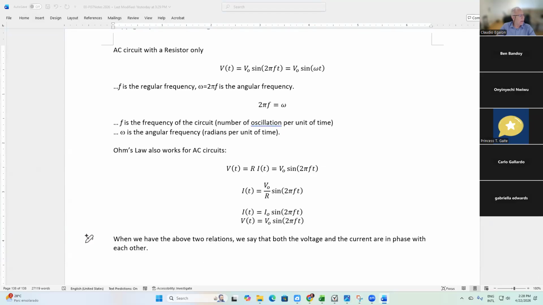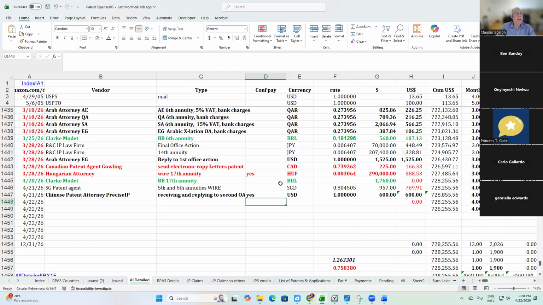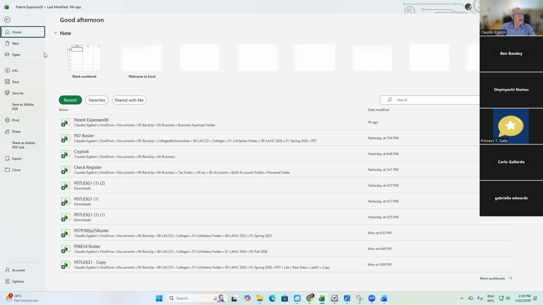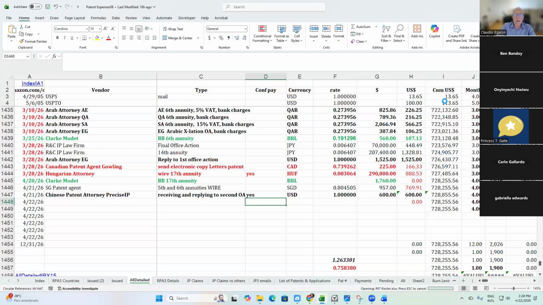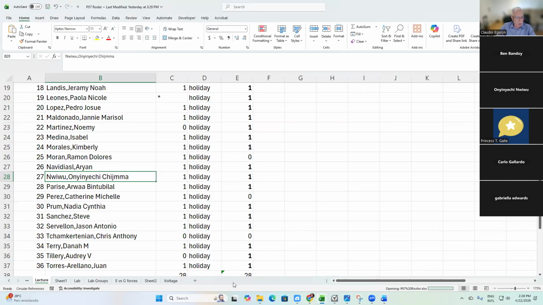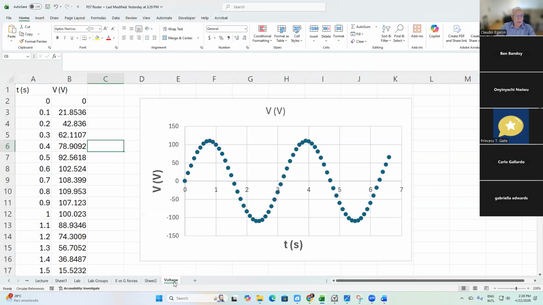We can even illustrate that with a graph, right? If you plot this graph, those two graphs are going to start exactly in the same place. Here you go.